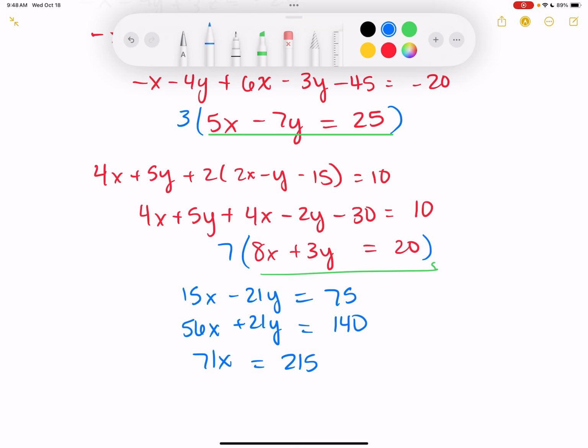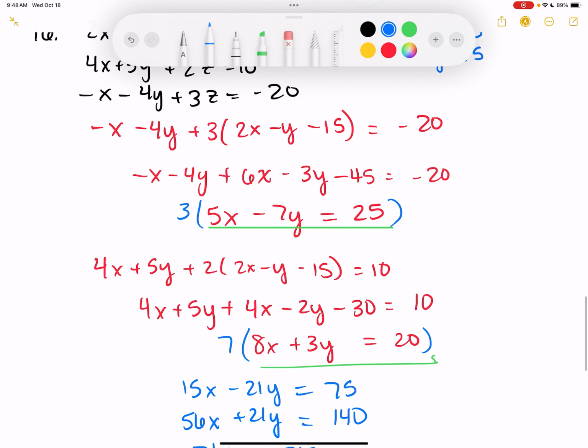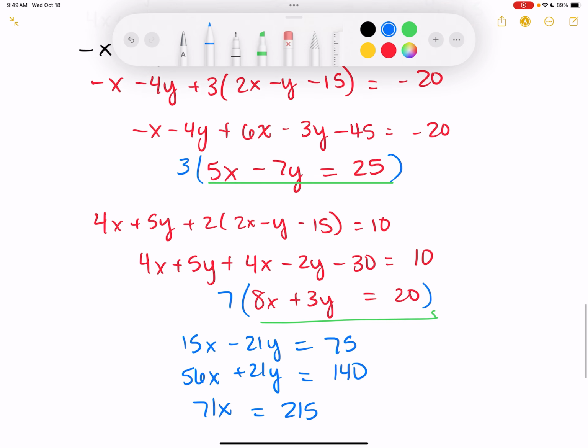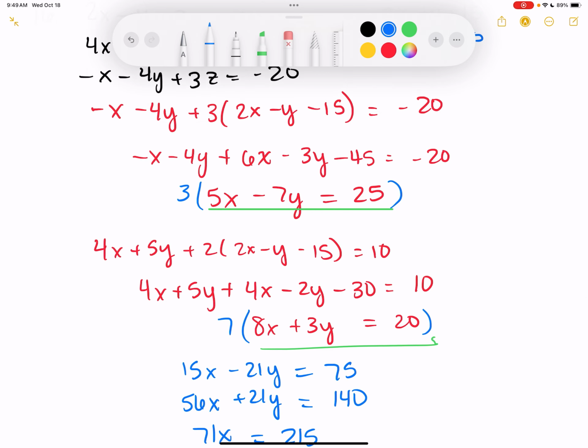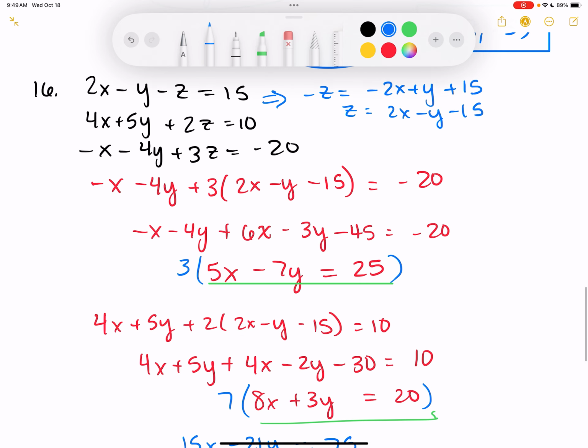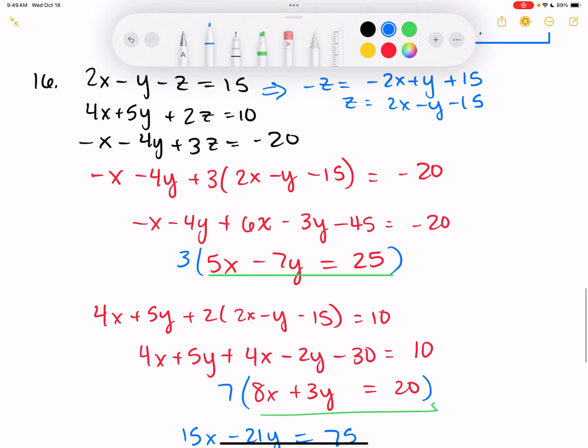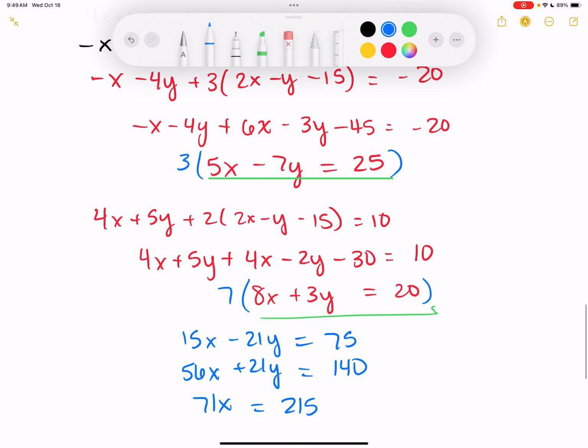Because that's a decimal. I don't know what's going on. That's not the right answer, though. Something is wrong.